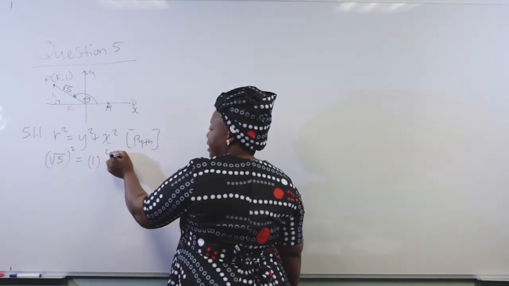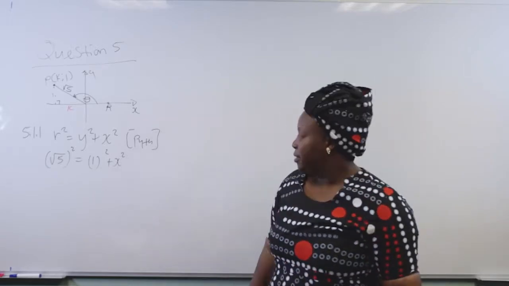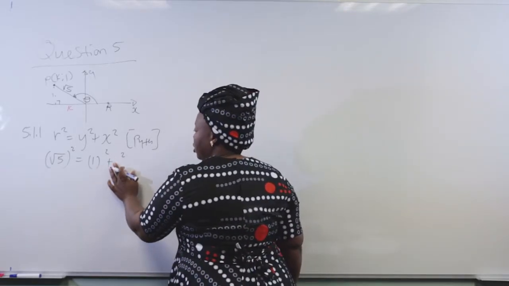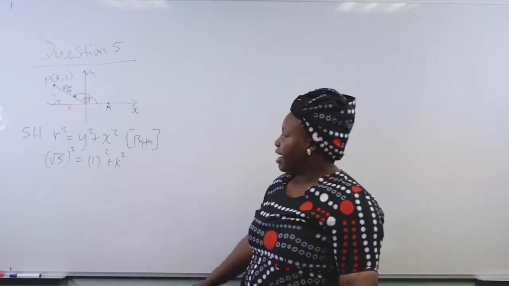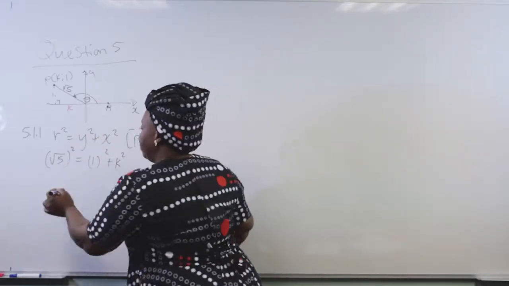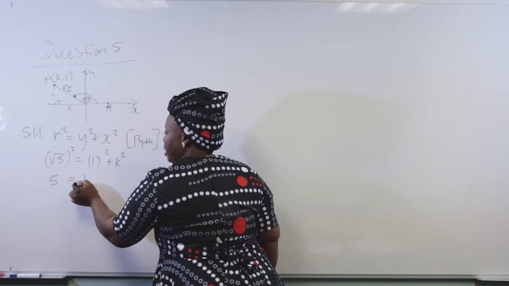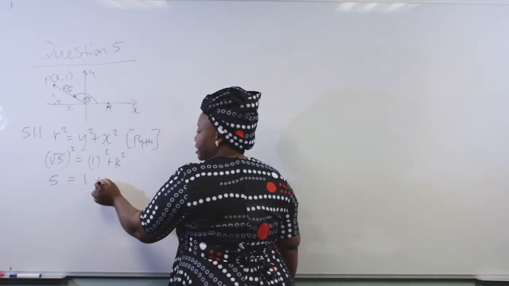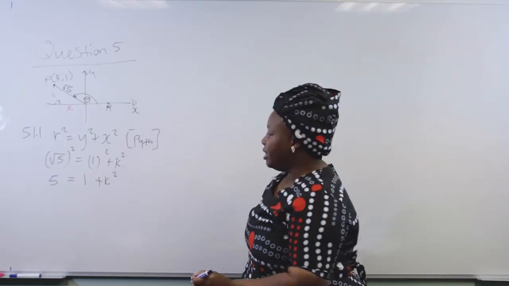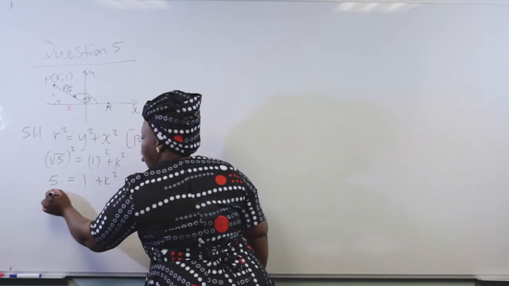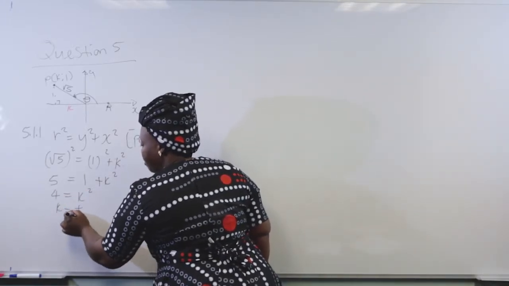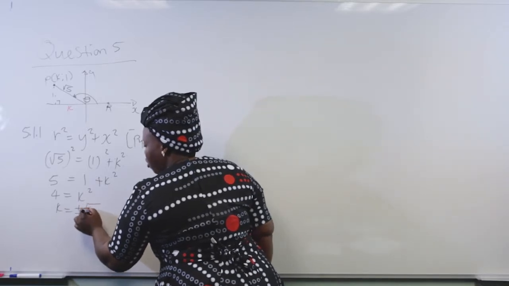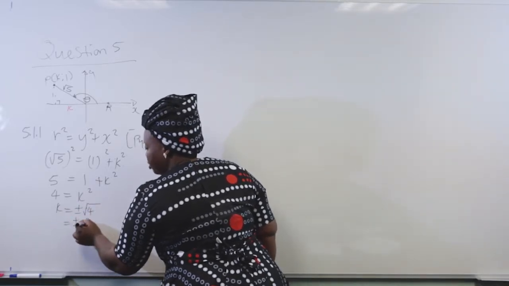We are looking for X, which is K, so we substitute K so that we remember what we are looking for. And simplify: the square root of 5 squared gives us 5, and 1 squared is 1, plus K squared. If we do the algebra, we'll have 4 equals K squared. Therefore, K equals plus or minus the square root of 4, which makes K plus or minus 2.